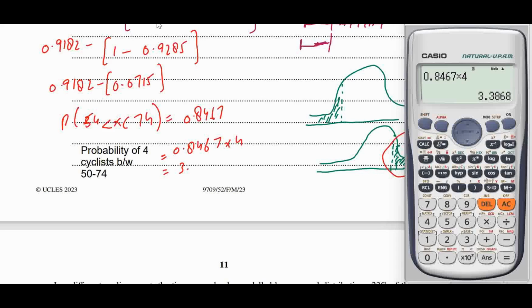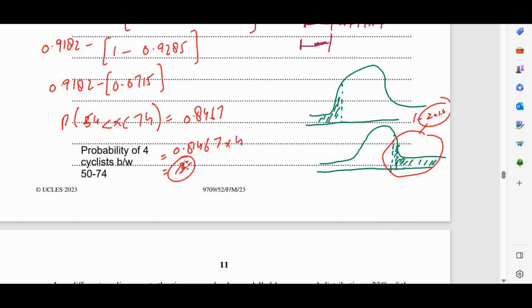We need to revisit this, because probability cannot be greater than 1. So the final answer in the marking scheme is 0.5139.